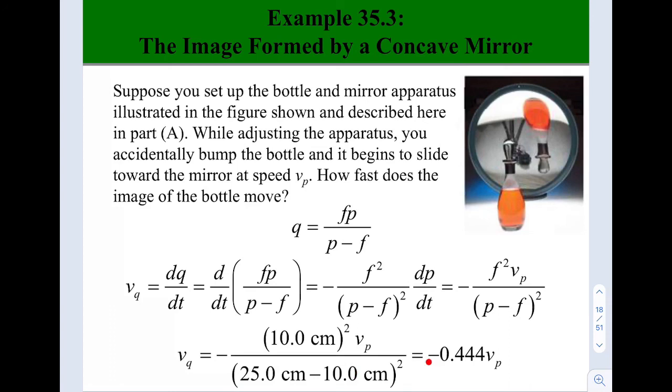You will get Vq equivalent to negative 0.44 Vp. What does that mean? The speed of the image is less than the speed of the object. That is the meaning of this final answer.